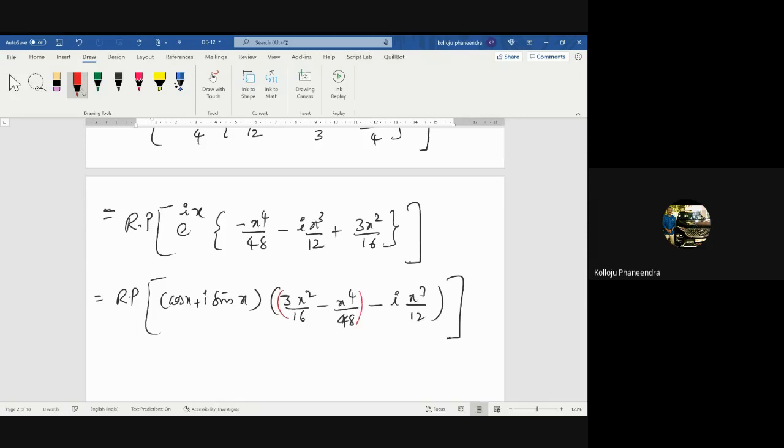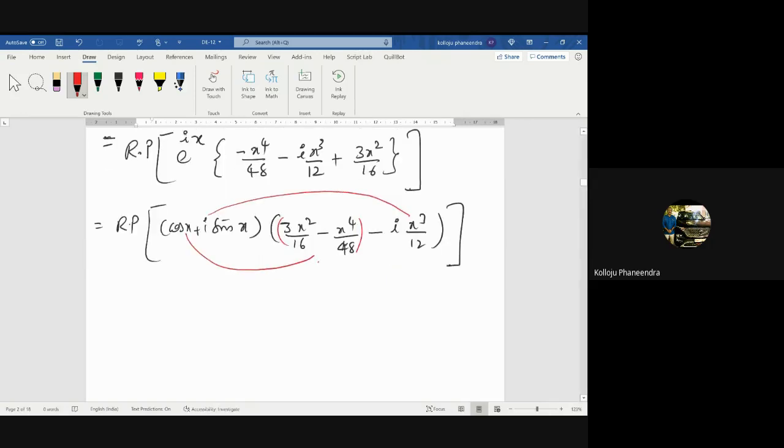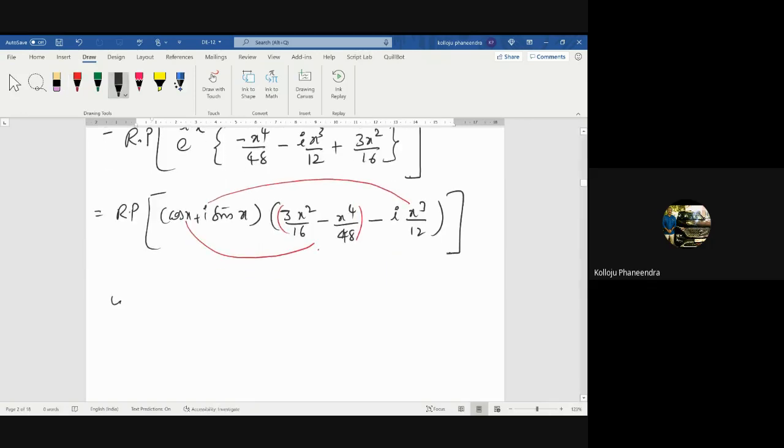Cosine into this is real, and i into i square gives a real part. So select the real part in this product: that is 3x square by 16 minus x power 4 by 48 multiplied by cosine x, and minus i into i square, minus plus, this is x cube by 12 into sin x.